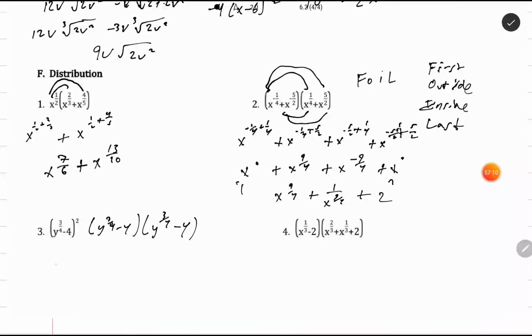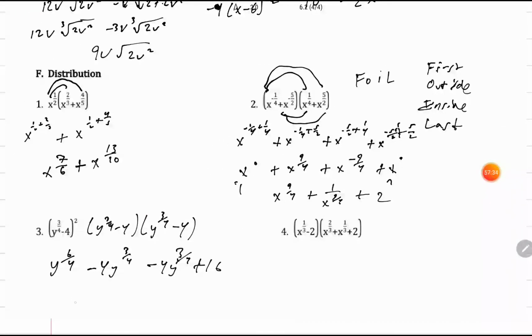But this just becomes y to the 6/4 minus 4y to the 3/4 minus 4y to the 3/4 plus 16. And that reduces to y to the 3/2. And then these combine to minus 8y to the 3/4. And then we have the 16. Okay.